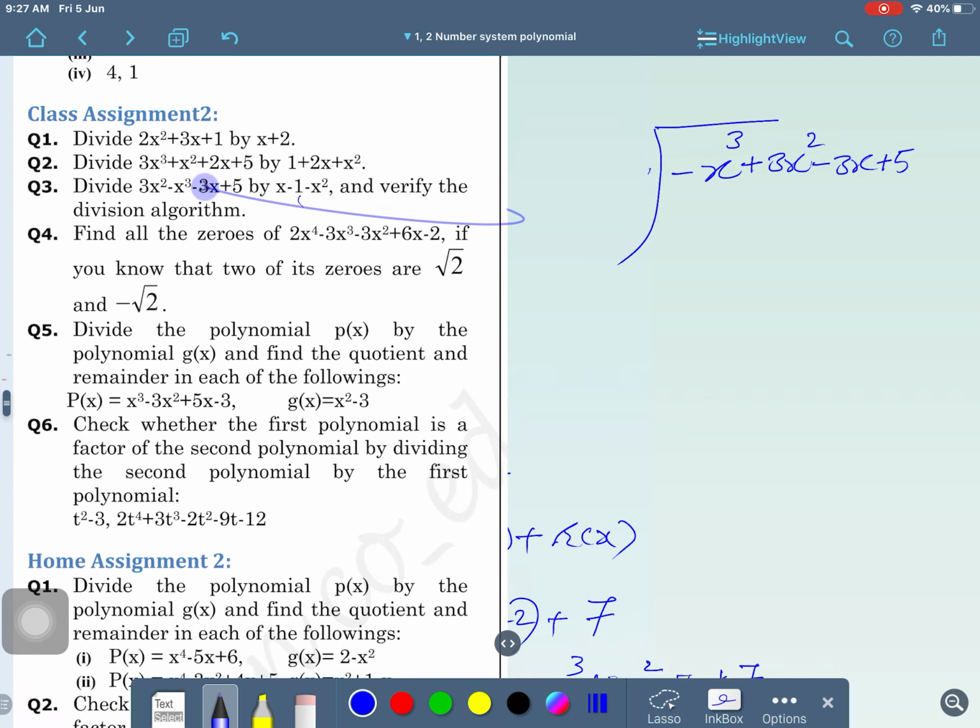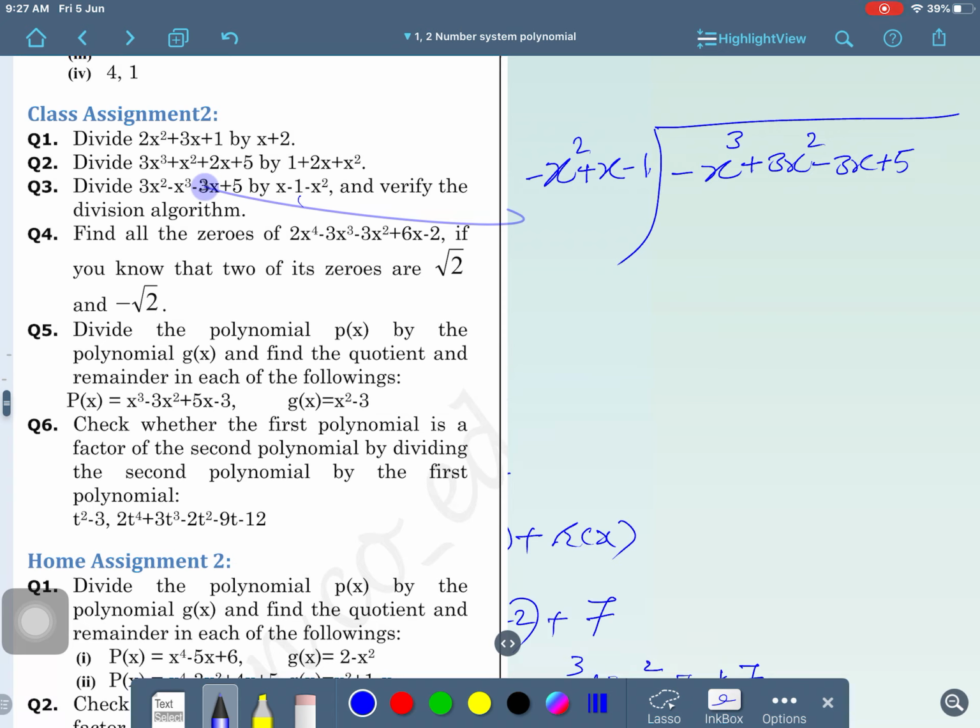And further is to be done. It's minus x square plus x minus 1, clear.